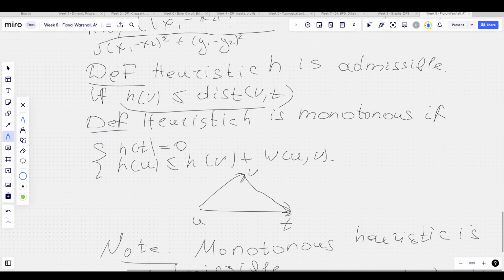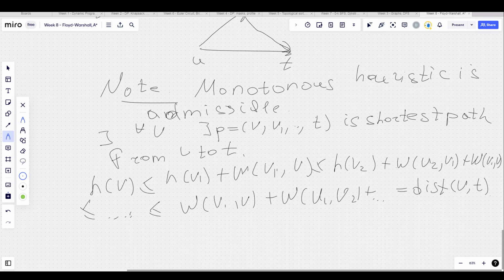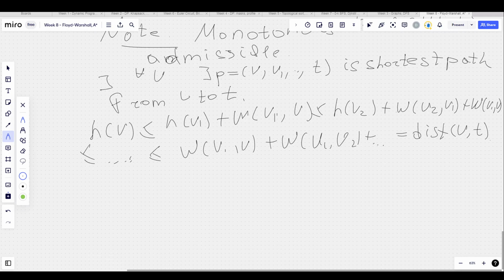It means these monotonous heuristics are admissible.